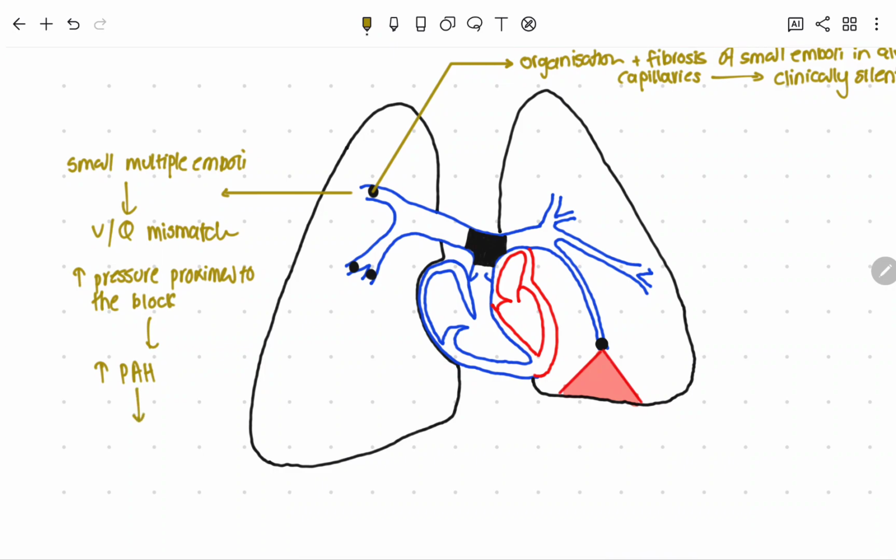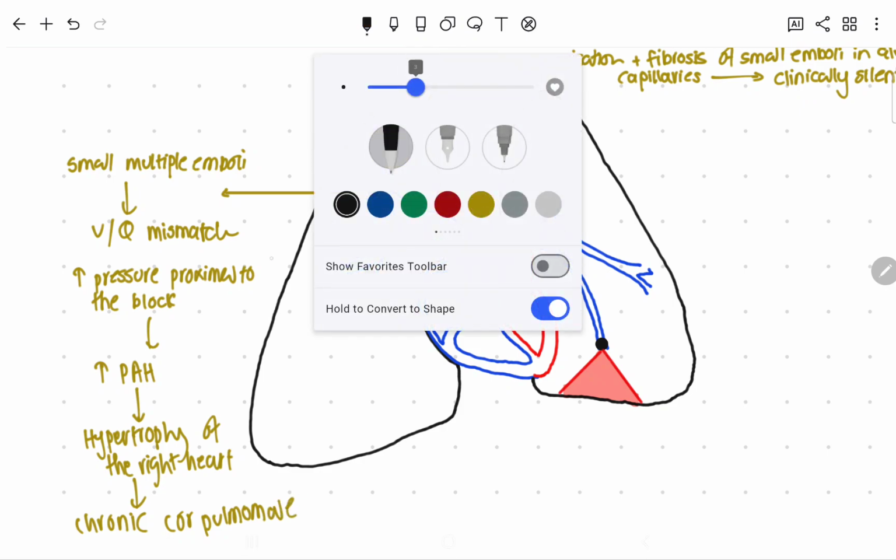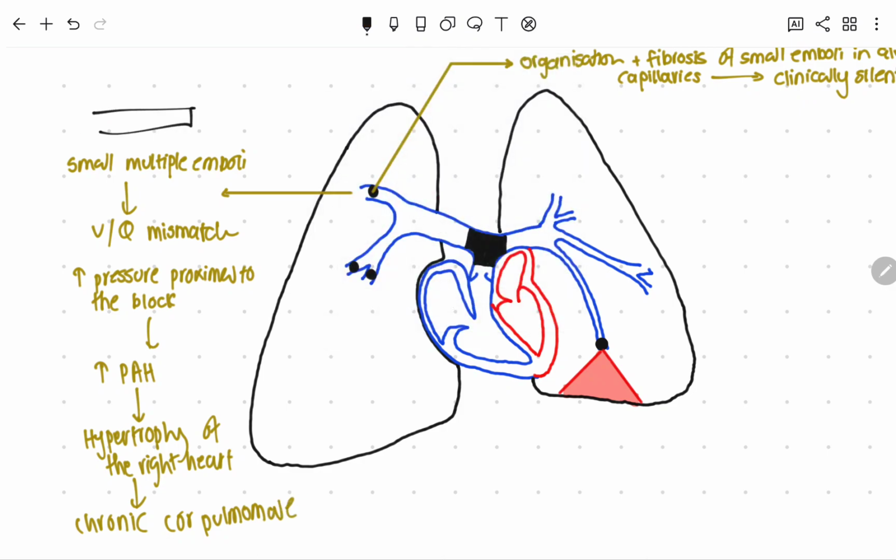And this then, as we just discussed, will result in hypertrophy of the right heart. And so this entire process is basically what we had defined and described to be chronic cor pulmonale. So this scenario that I've described to you is what occurs in chronic stages where you have small multiple emboli.